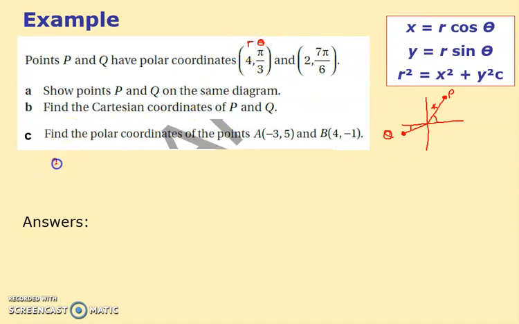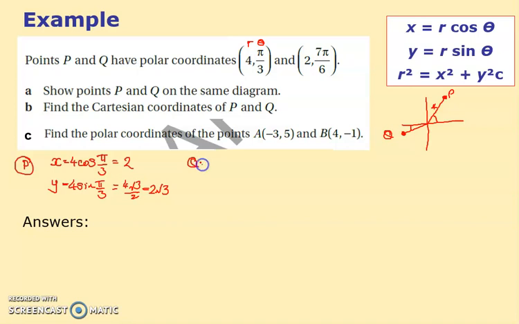So I can quite simply say x equals 4 cos pi by 3, and this of course is for P, and y equals 4 sine pi by 3. Now cos pi by 3 is a half, so x is 2. And sine pi by 3 is root 3 over 2, so y is 4 root 3 over 2, or 2 root 3.